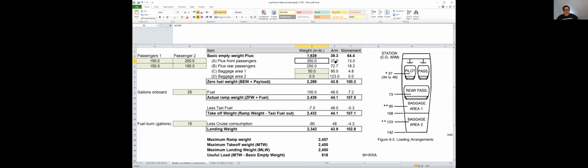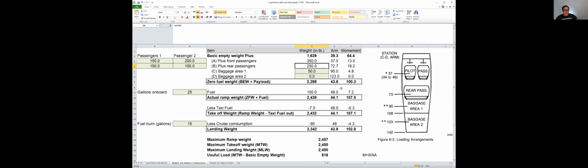So we keep doing our multiplication. We know that it's 350 pounds that we have in the front, multiplied by the 37 here, it gives us 13,000. We again use the reference to divide that and give us 13. We know from the previous example that we are carrying 250 pounds for both passengers in the back.